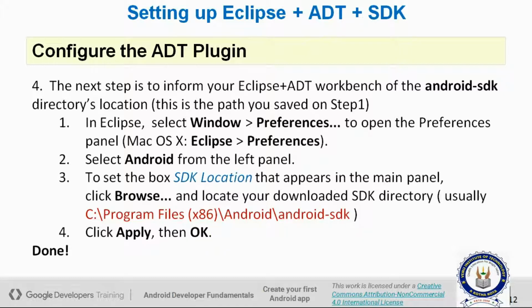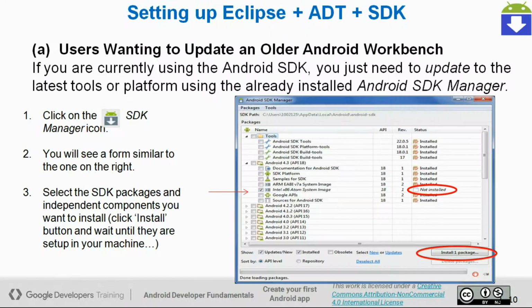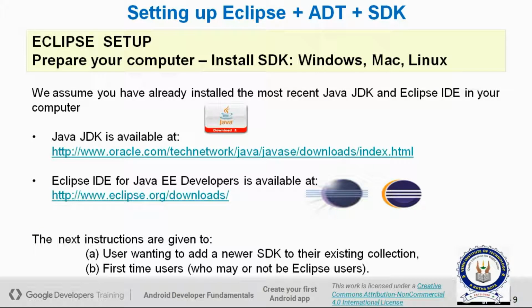I'll repeat once again guys, it's very simple steps. First you have to download Java software. After that you have to download Eclipse software, and now you have to download two things again. One is ADT and another one is the software development kit. Some features related to the Android SDK will be in ADT itself.